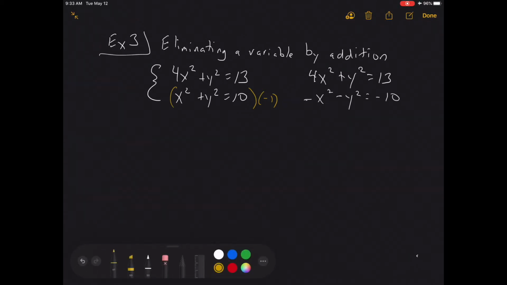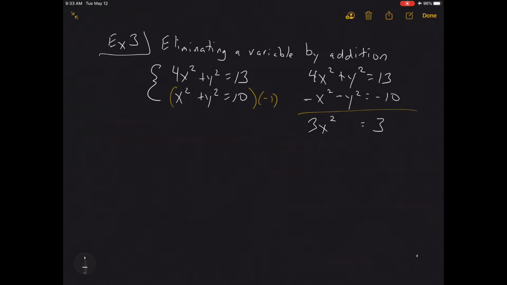And so now I can go ahead and add these things down, and I'm going to get rid of my y squareds, which is good. So now I'm going to add the x squared part together. So 4x squared minus x squared is going to be 3x squared. Positive y squared, negative y squared added together is 0. That's what we wanted. And then 13 and -10 is going to add up to 3.